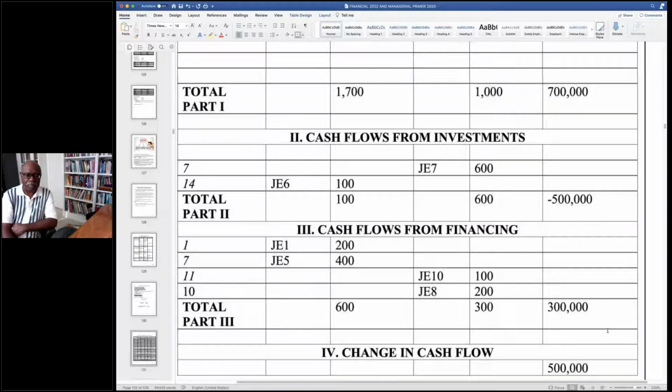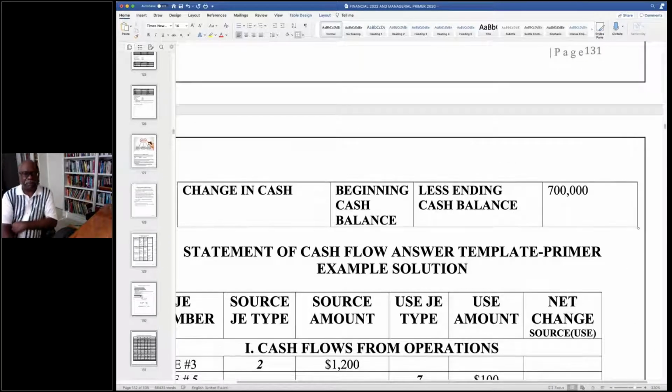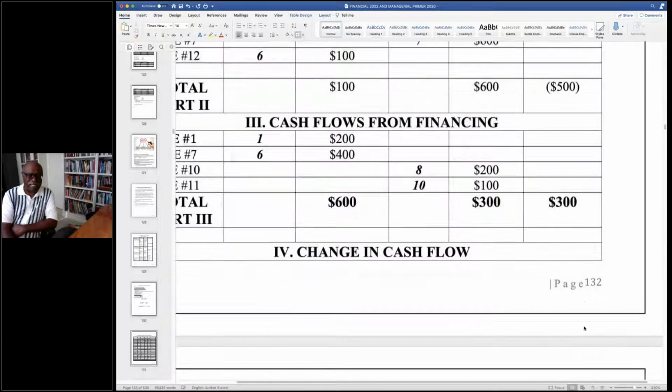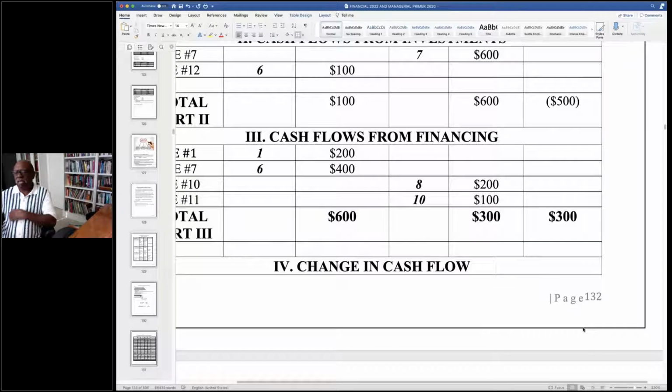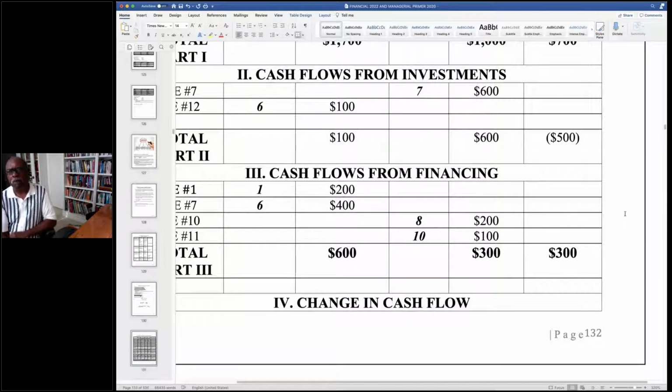Okay. So do we think we can do a statement of cash flow now? Just got to complete the template. Like I say, it's unique and different. We do it simply because we can analyze the cash transactions to get it done.